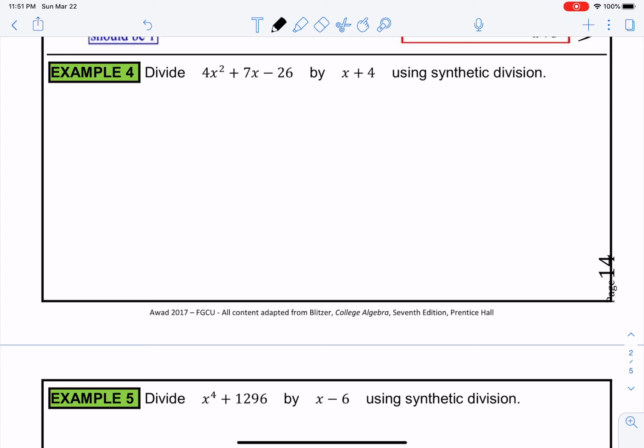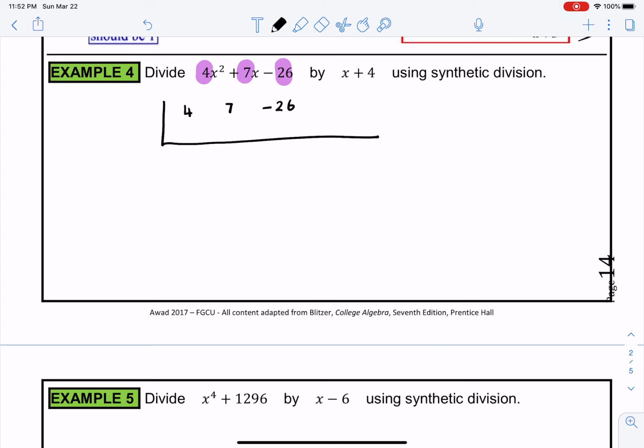So the process is quite straightforward. We write the coefficients that we see in the original polynomial. So what we have here is 4, 7 and negative 26. And we want to divide it by x plus 4.